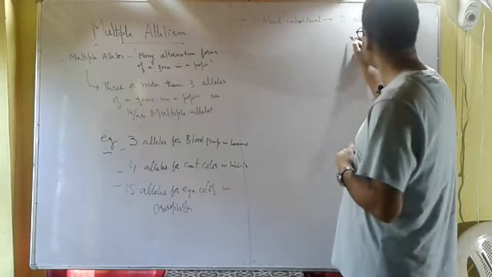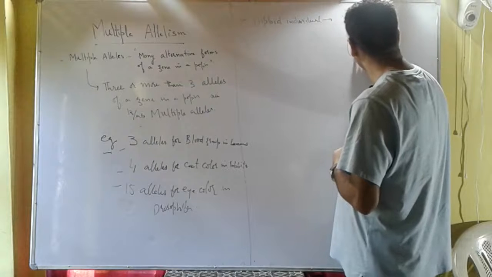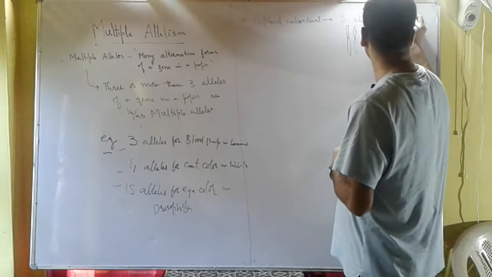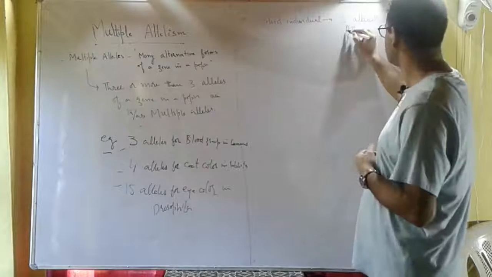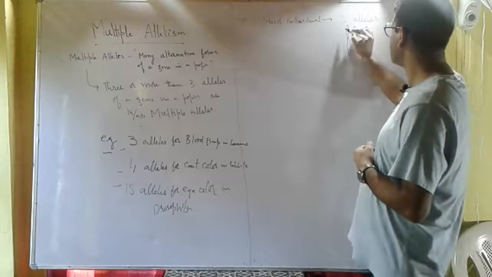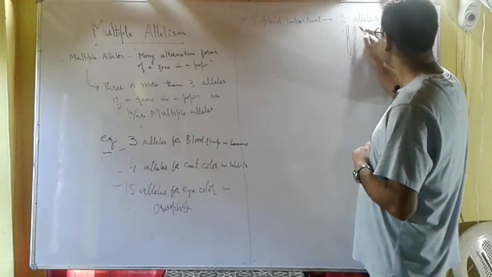These are present on homologous chromosomes. For example, suppose we have this condition, T and t.